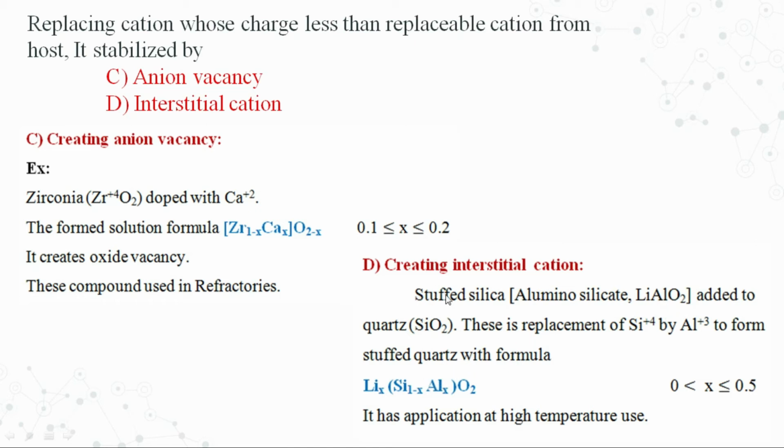The formula of the formed solution is Li(x)Si(1-x)Al(x)O2, where the x value lies between 0 to 0.5, and this particular formed solution is applicable to prepare a material which works in high temperature use.